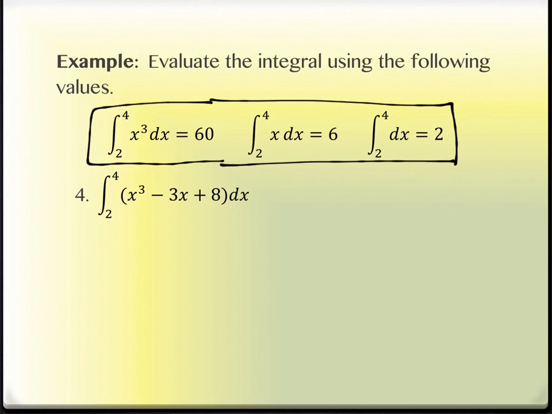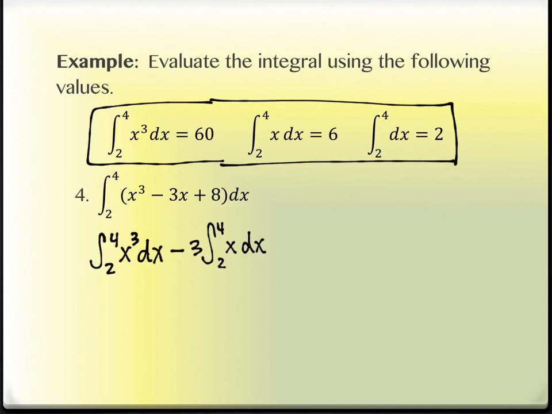So here's what that looks like. We're going to write this as the integral from 2 to 4 of x cubed, and remember, it ends in dx, minus 3x has a 3 as a constant multiplier, so the 3 will come out in front. And then I've got the integral from 2 to 4 of x dx.